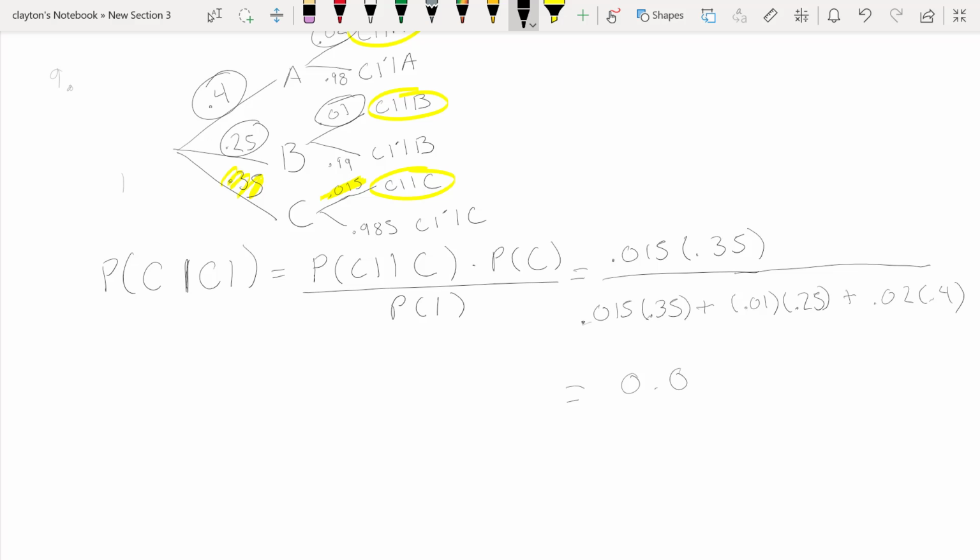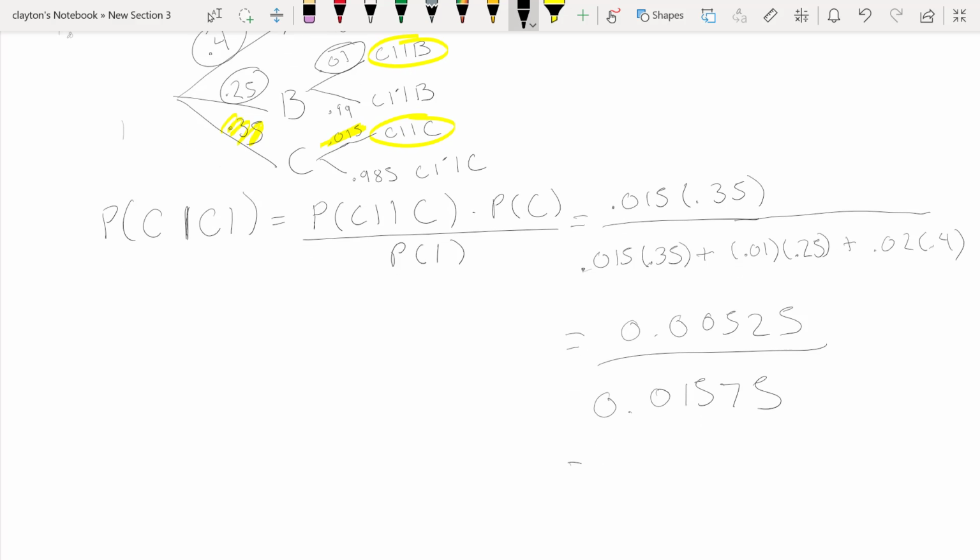So 0.00525 all over 0.01575, and so we just need to take those two numbers now and divide. Maybe it's a nice number, 0.3333, right? Dot dot dot. All right, so final answer, that takes us to 22 minutes.